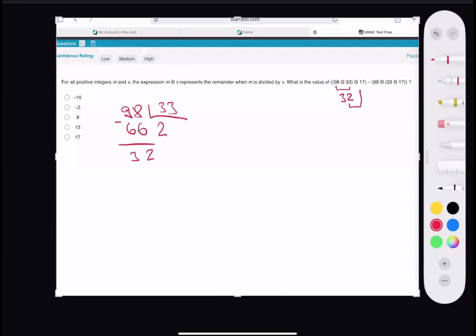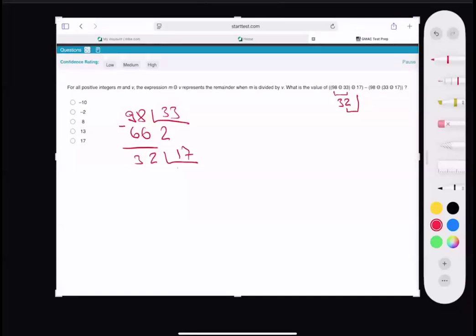Now we will do 32 divided by 17. It's 3. No, it's too much. So it's 2. It's too much. So it's 1. 17.